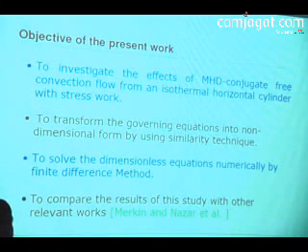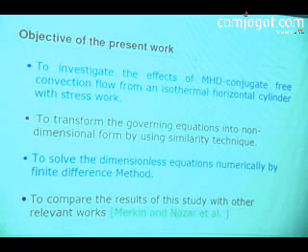The objective of the present work is to investigate the effect of stress work on conjugate free convection flow from an isothermal horizontal circular cylinder, to transform the governing equations into a non-dimensional form using a similarity technique, and to solve the dimensionless equations numerically by the finite difference method.